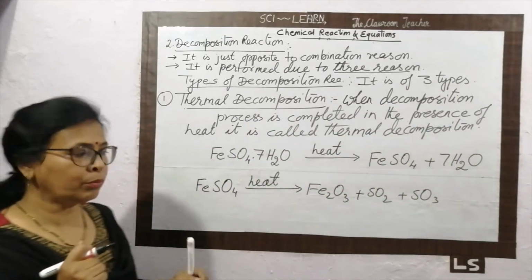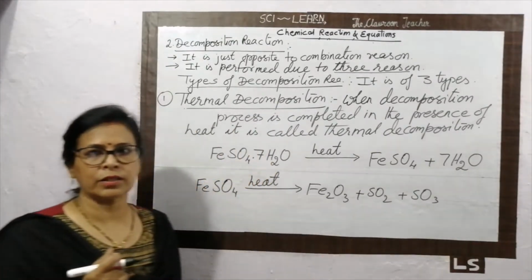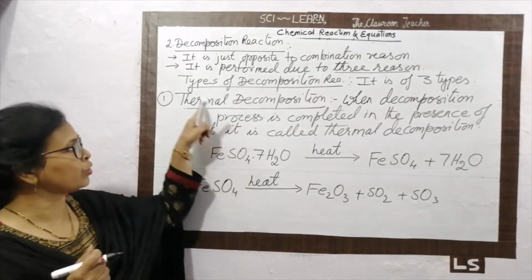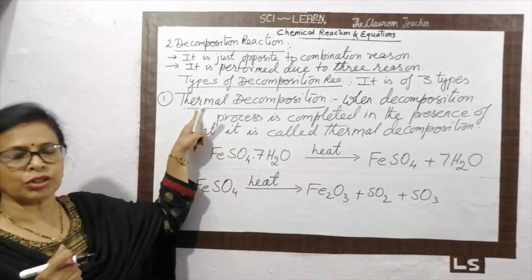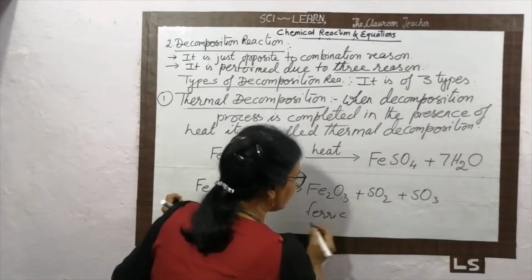Three compounds are formed. One single compound is split up to form 3 compounds. This reaction is called a decomposition reaction, and it is completed in the presence of heat, so it is called thermal decomposition. The substance formed here, Fe2O3, is called ferric oxide or iron(III) oxide.